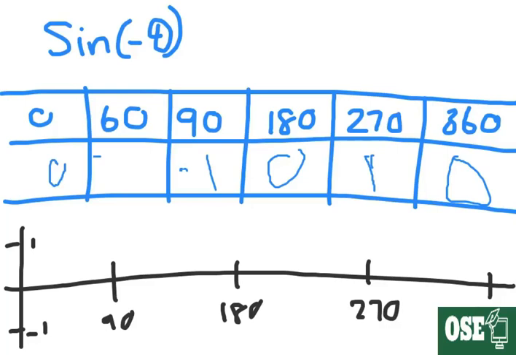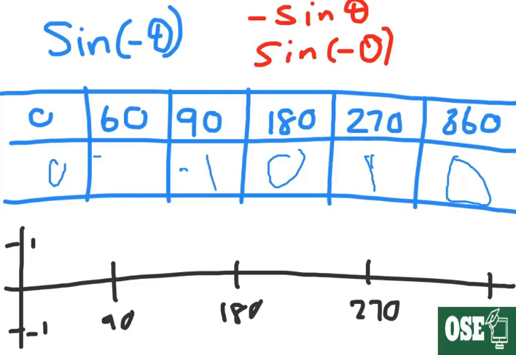Because there's a difference between negative sine theta and sine negative theta, sorry. So we just reflected it about the x-axis.